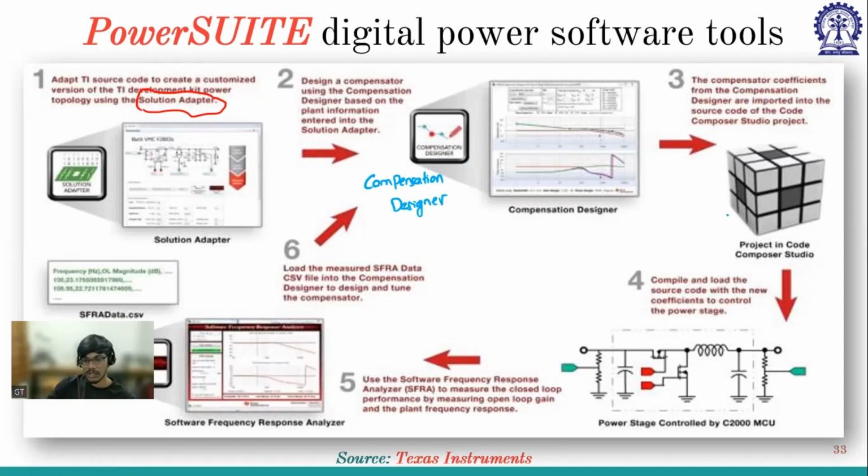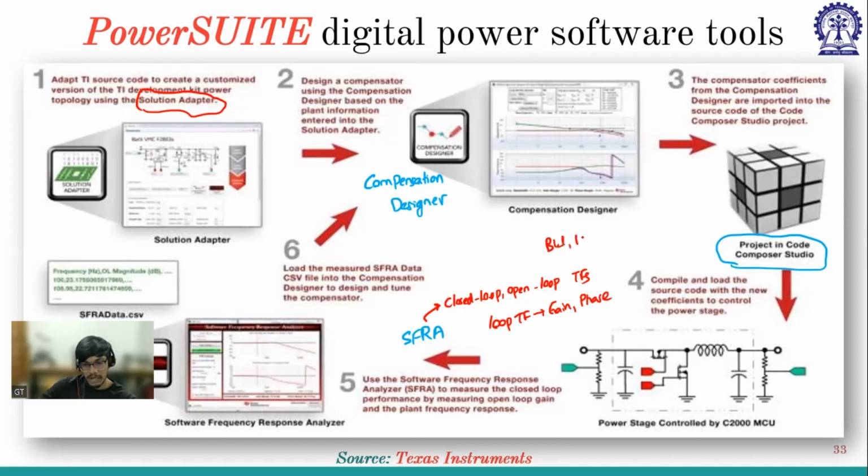Then you can go to that project in Code Composer Studio and fit this there. Using SFRA, the software frequency response analyzer, it will give both closed loop as well as open loop transfer functions, or you can say loop transfer function, gain as well as phase. From this we can get gain crossover frequency or bandwidth and phase margin. So we'll see whether it is fitting our application or not.